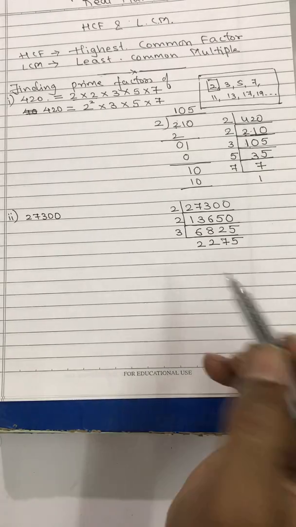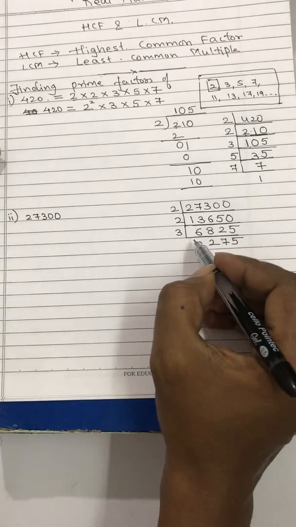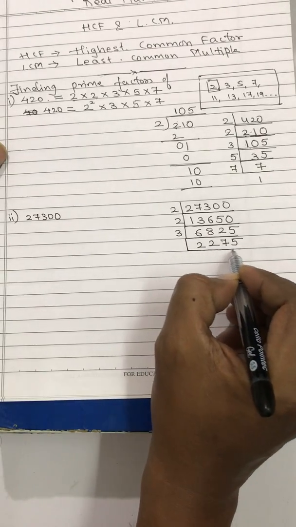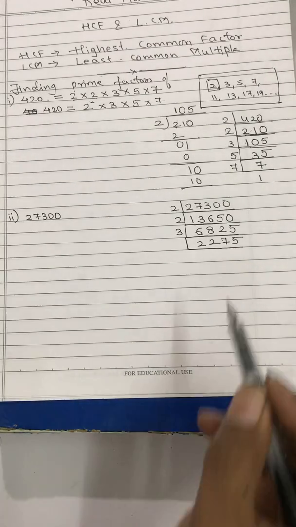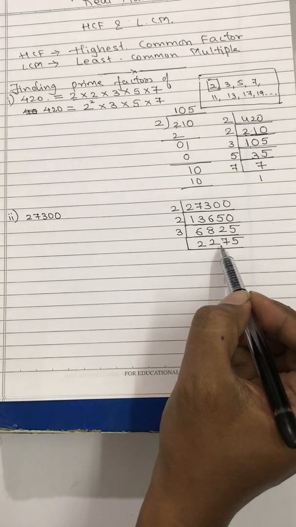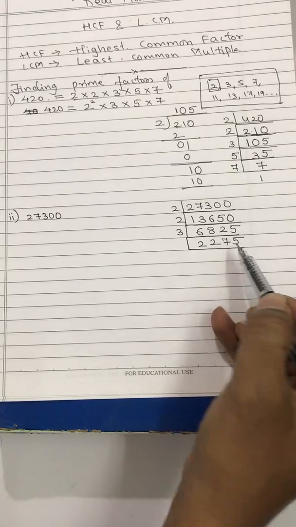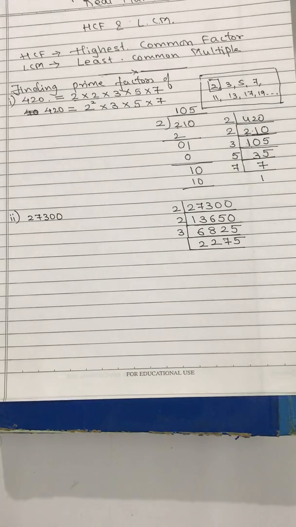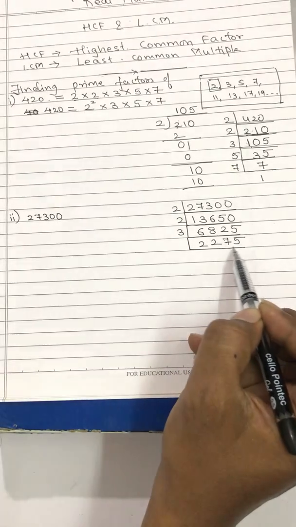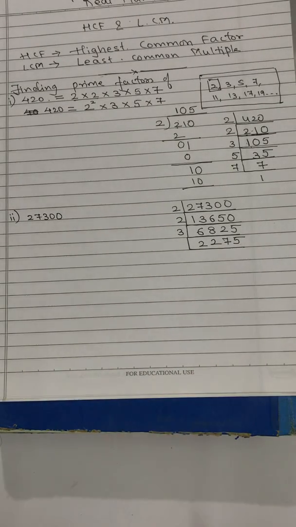I can develop a video for that separately, but I hope that you understand this. So now if I add these all, 2 plus 2 is 4, 4 plus 7 is 11, 11 plus 5 is 16. So now this will not be divisible by 3, because the sum of these digits is 16, which is not divisible by 3.